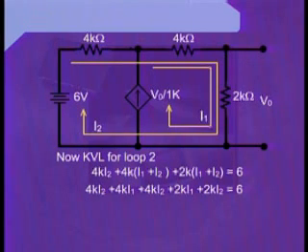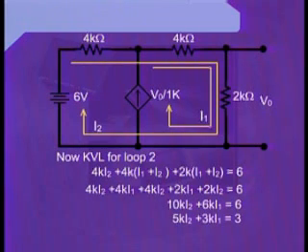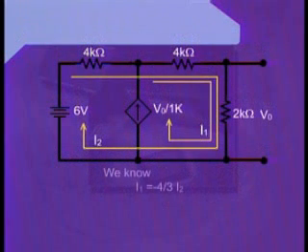If we do a bit more summation of these terms, then we can reach at 10k I2 plus 6k I1 equals to 6. Further simplifying it, we can write 5k I2 plus 3k I1 equals 3. We know that I1 is equal to minus 4 over 3 I2.